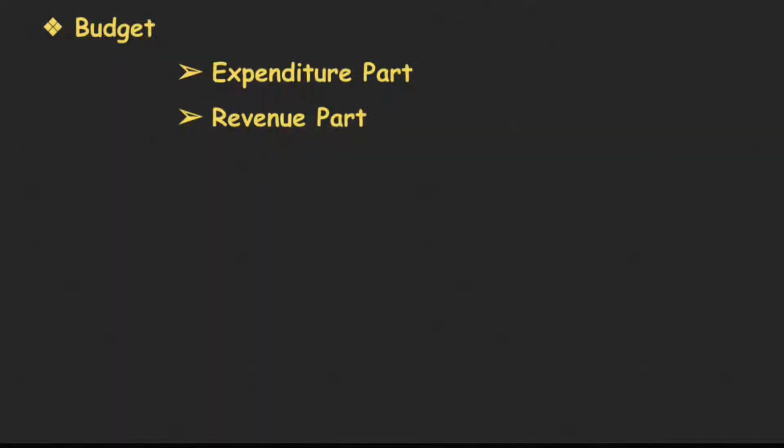Article 112, Clause 1 holds that the President, as he is the head of the state, shall, in respect of every financial year, cause to be laid before both houses of the Parliament the statement of the estimated receipts and the expenditures of the Government of India.